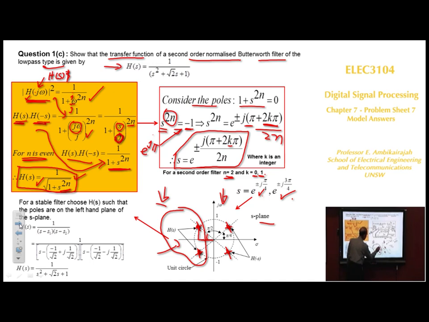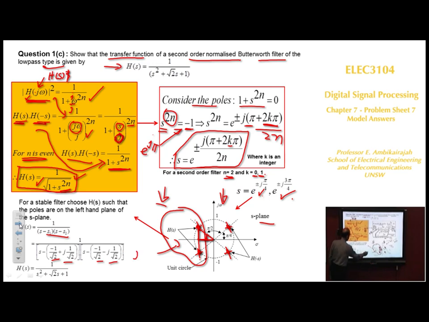We can say this is S1, this is S2. So S1 is equal to minus 1 over root 2 plus j 1 over root 2, because this is 45 degrees on the unit circle. Similarly, S2 will be minus 1 over root 2 minus j 1 over root 2.